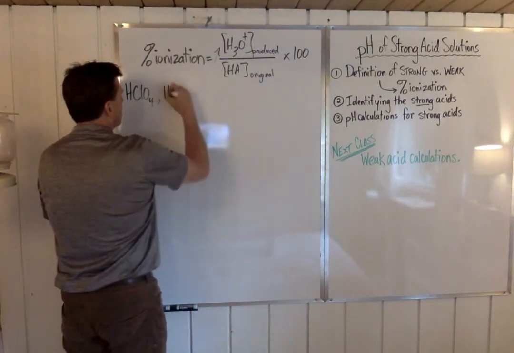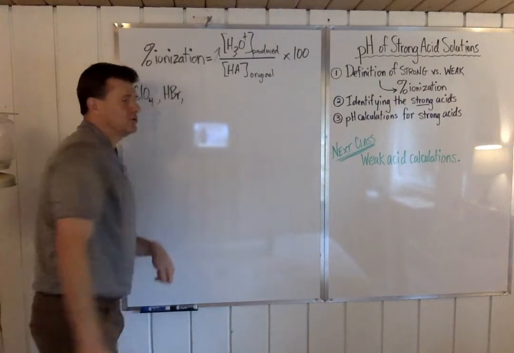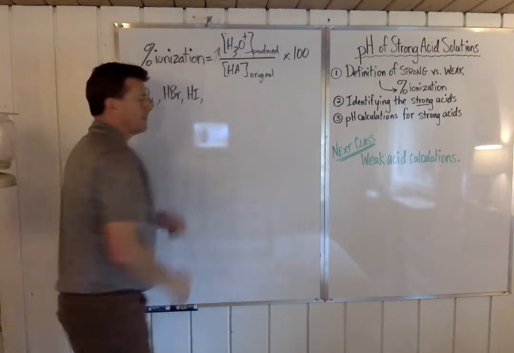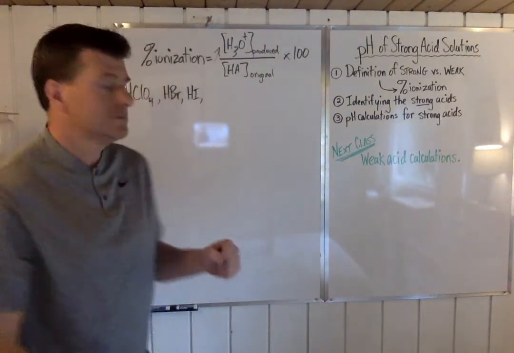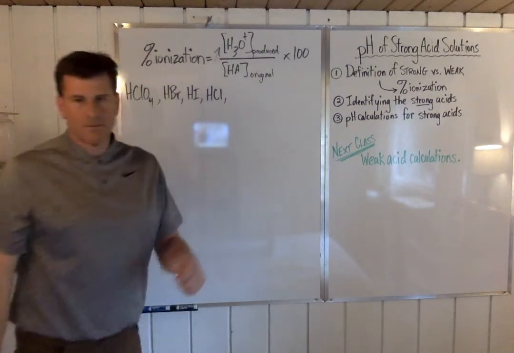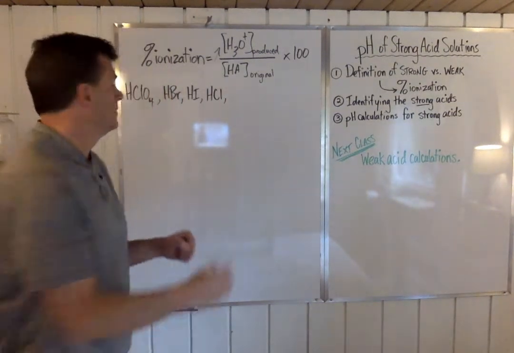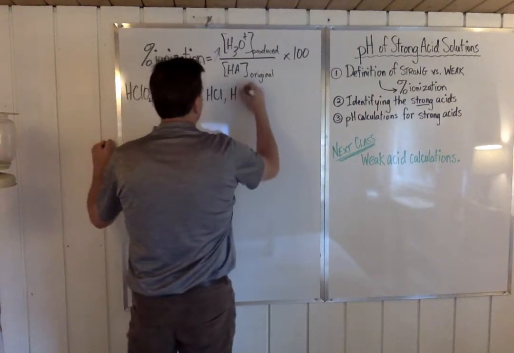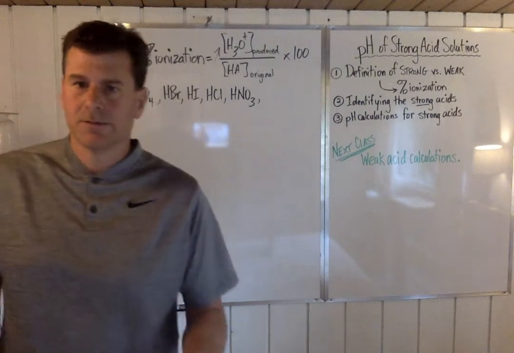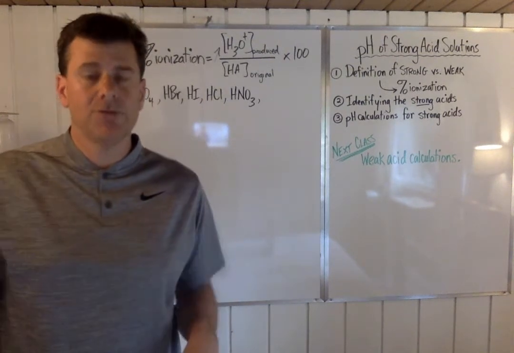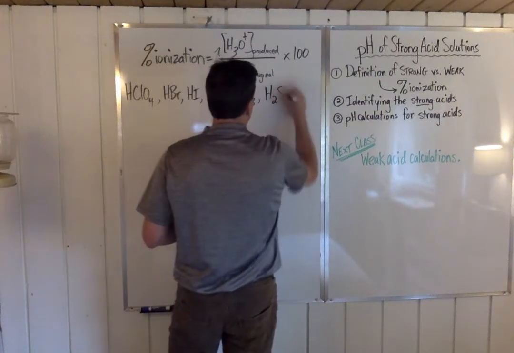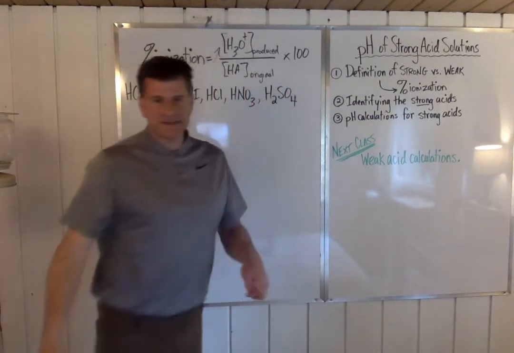Then you've got hydrobromic, hydroiodic, hydrochloric, nitric, HNO3, not HNO2, nitric, and then the last one is sulfuric.